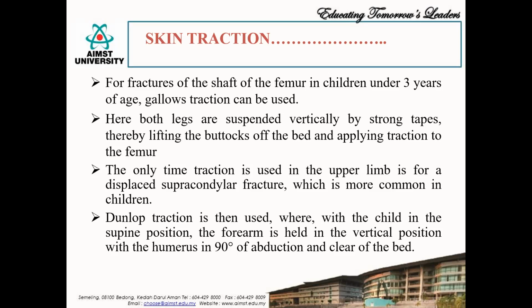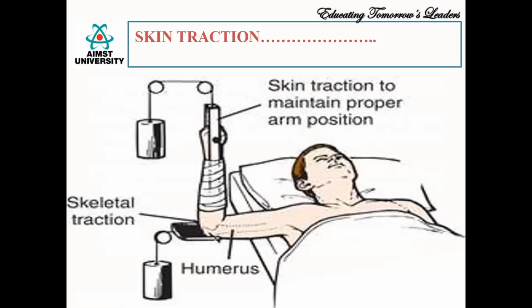Then besides Gallows traction, we have Dunlop's traction. That is what we have seen previously, right? This one, abducted 90 degrees, and then you're giving traction. Here it is skeletal traction, and here it is skin traction.